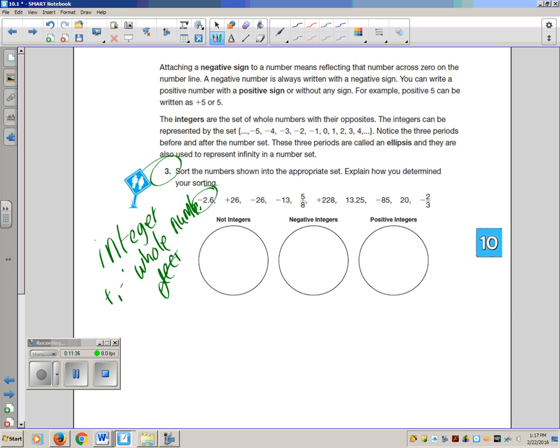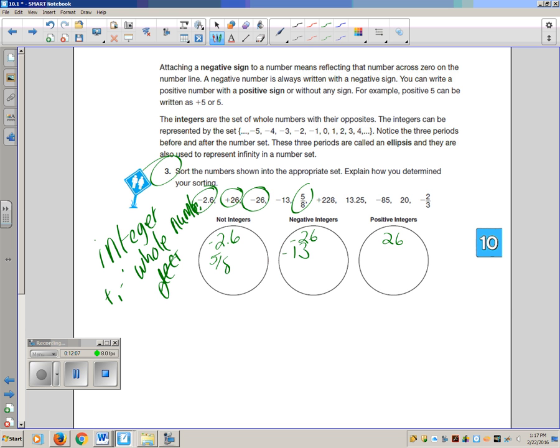Okay, -2.6, that's not an integer. +26, it's positive, so it goes over here. See how that has a positive sign right there? We do not have to write it. You're not wrong if you do, but you do not have to write it. Next value is -26. You have to always write the negative sign. -13 is a negative integer. 5/8 is a fraction.